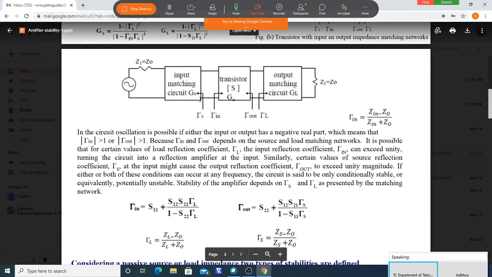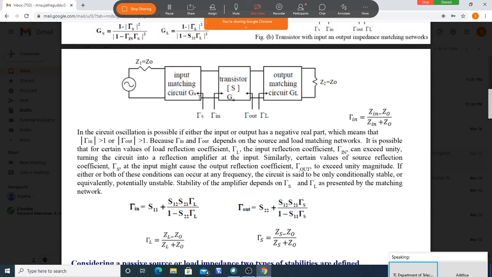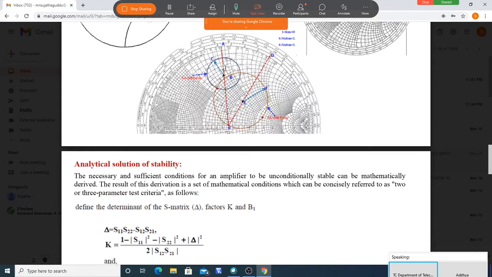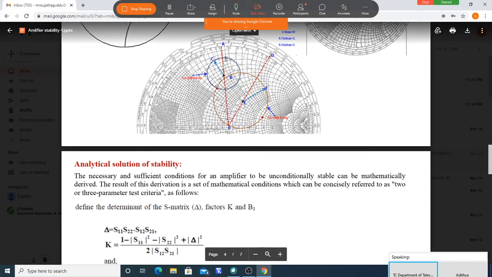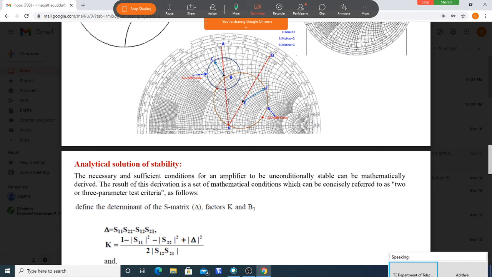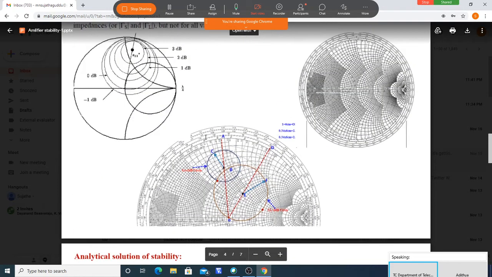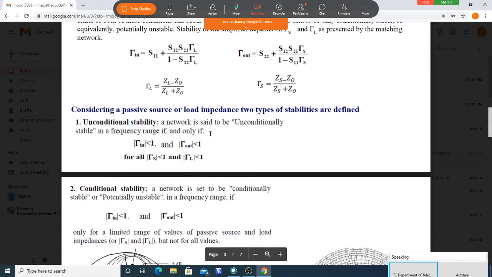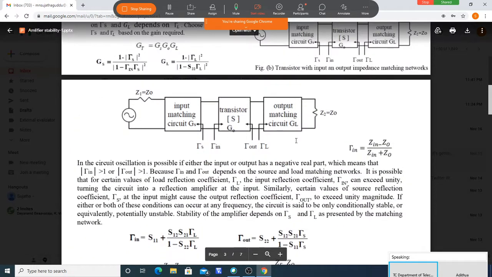Because to design the input matching network, you should choose one value ZS, similarly one value ZL on these circles, but what value do you have to choose? Okay, that is a question. To decide that, as I said, it is not very tough. You can easily get that from the S matrix, the S parameters of the transistor here.